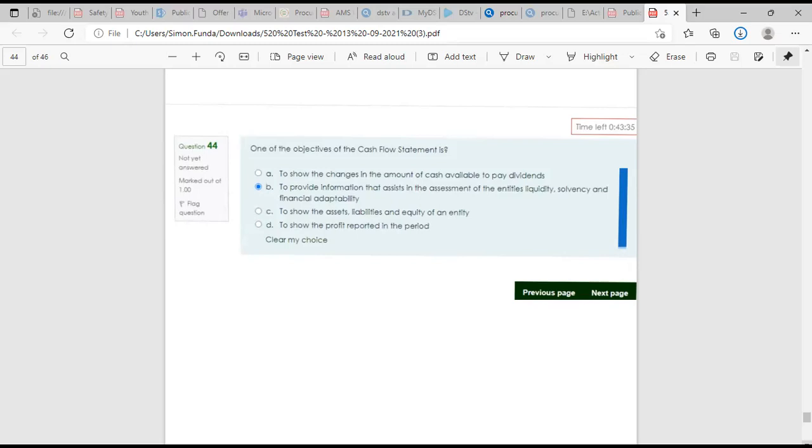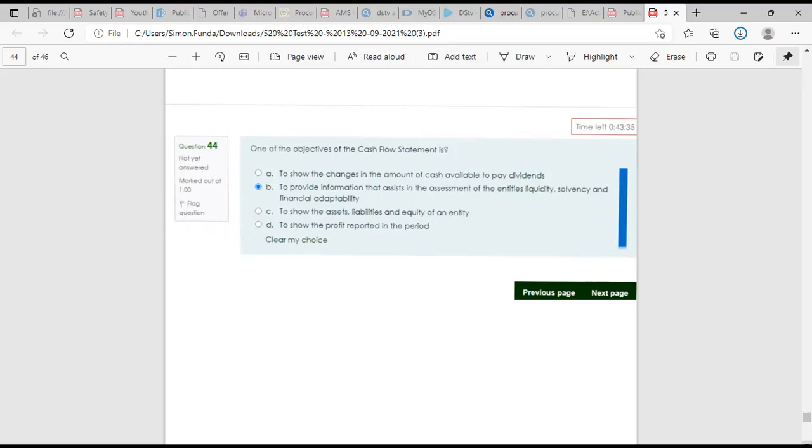To show the assets? No, we don't deal with assets. To show the assets, liabilities? No. Debt of the business, of the entity? No. To show the profit reported in the period? No.